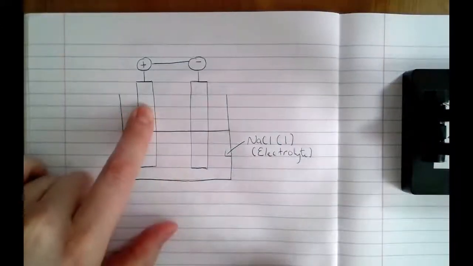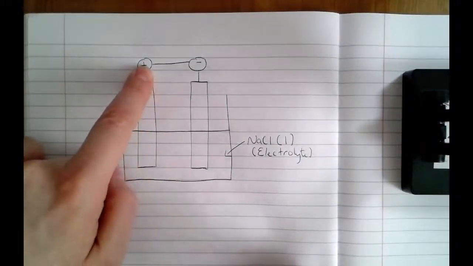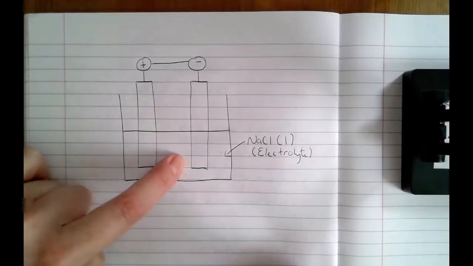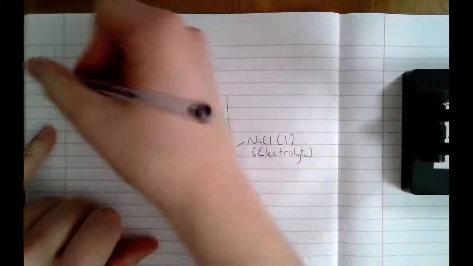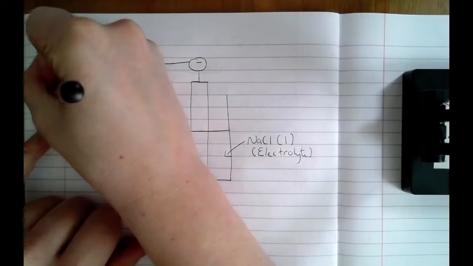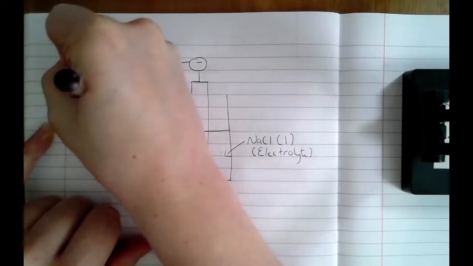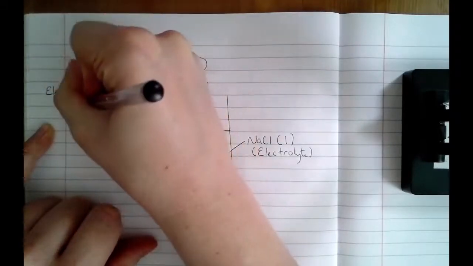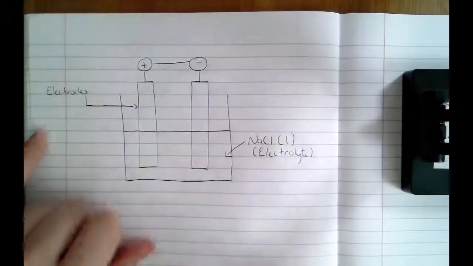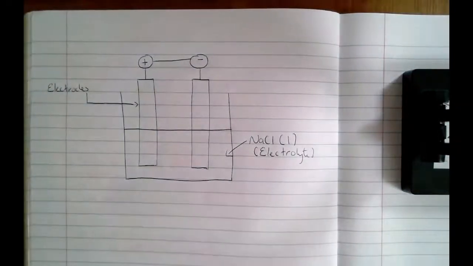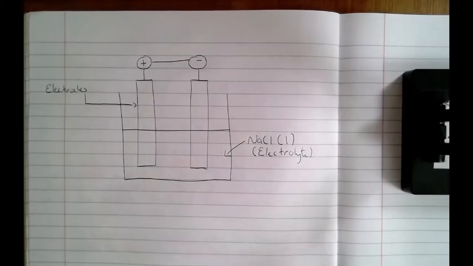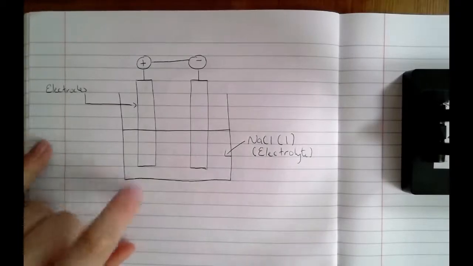These substances that I connect to the battery and then place into my ionic compound are called electrodes. There are a few different materials that you can use as electrodes, but all of these materials must have the following 3 properties.